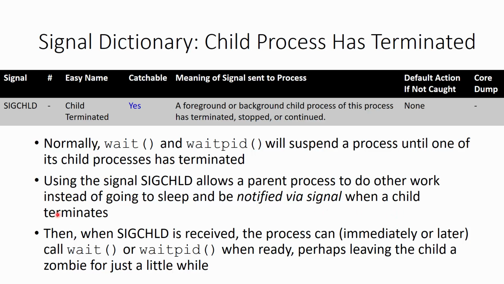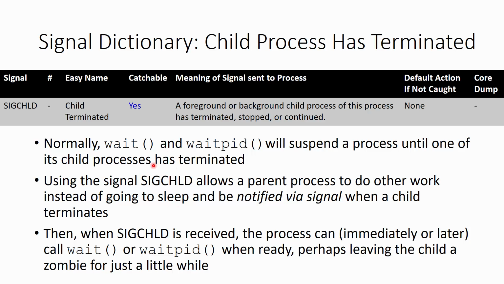So let me rephrase that. When we are running our process and we call wait or waitpid, that causes our process to block. That is going to suspend our process entirely until one of the child processes is terminated. However, instead of doing that, we can continue to run our program and use a signal handler that is listening for the SIGCHLD signal.